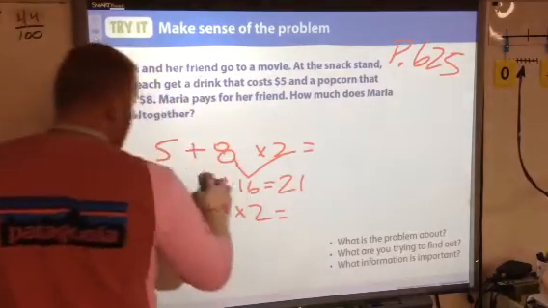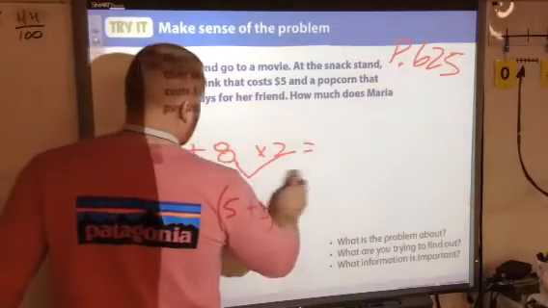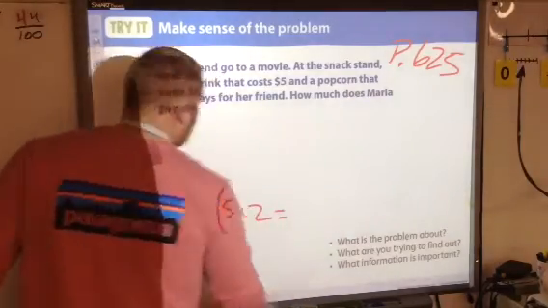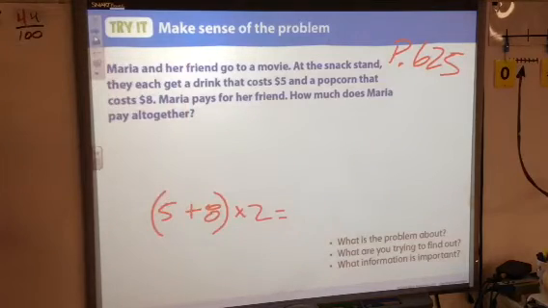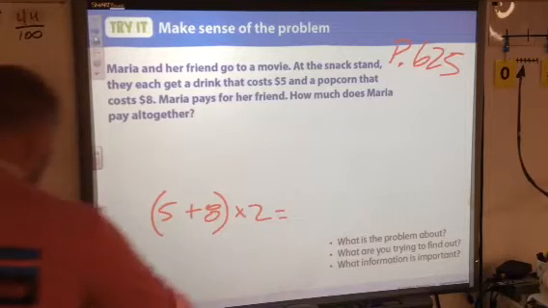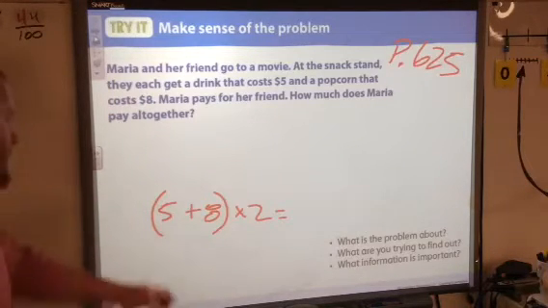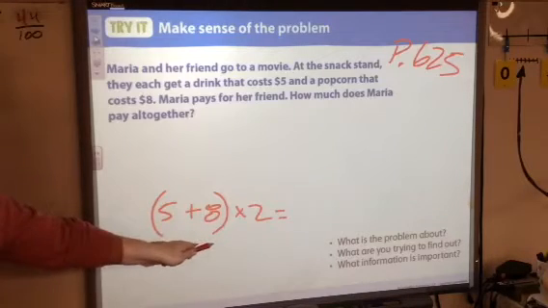So the key indicator I want you to recognize is that we need to add parentheses, because we have to add the total cost of the popcorn and the drink first before we multiply it by the 2 people that Maria is paying for. Look at what I do. According to my rules for order of operations, the first thing I do is anything inside parentheses.